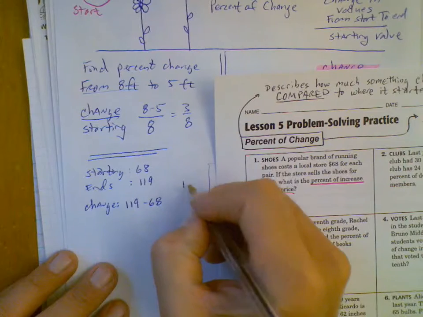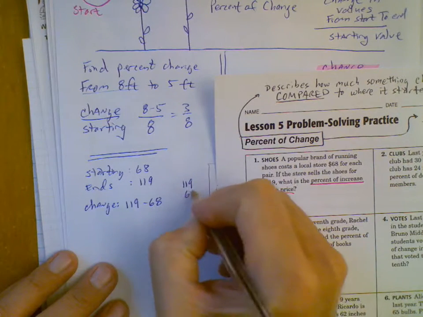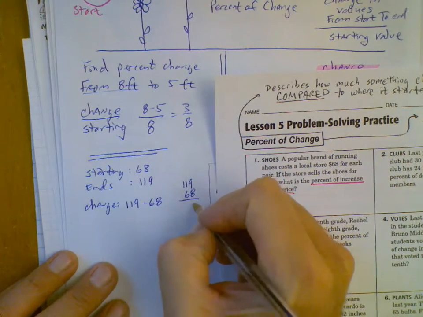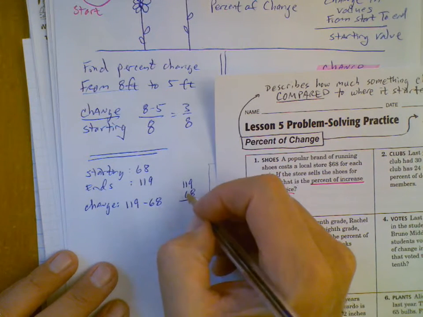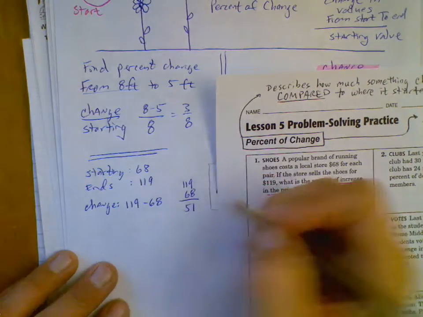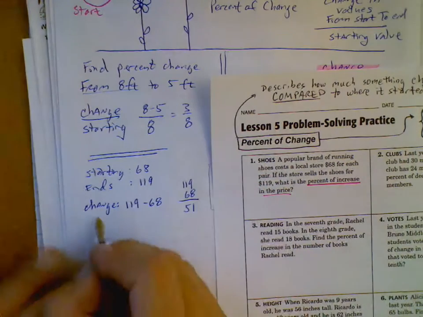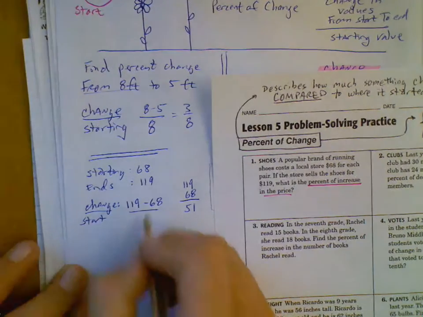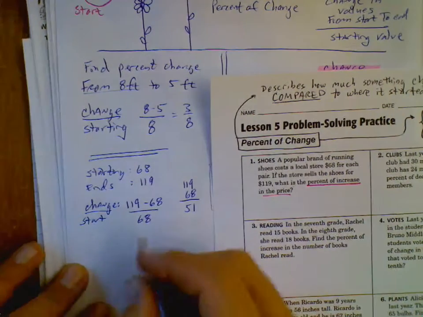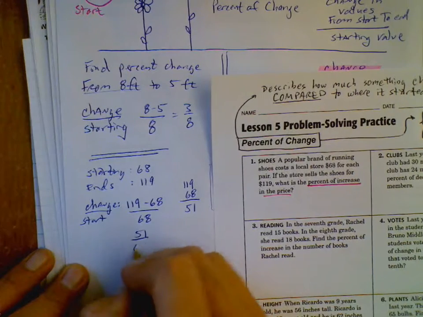Let's do the long way, just to make sure that we're all following things. 9 minus 8 is 1, and 1 minus 6 I can't do, so I have to borrow. 11 minus 6 is 5, so 51. So the change over the starting value, in this case 68, I have 51 over 68.